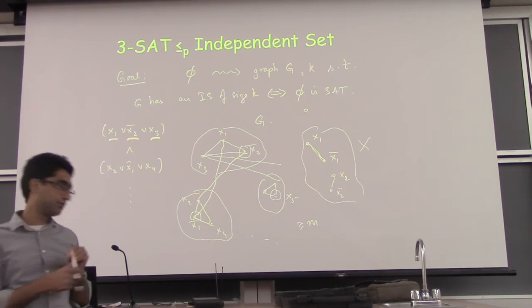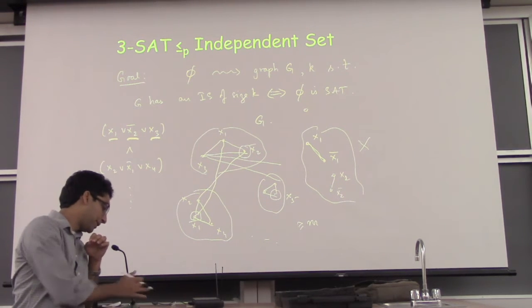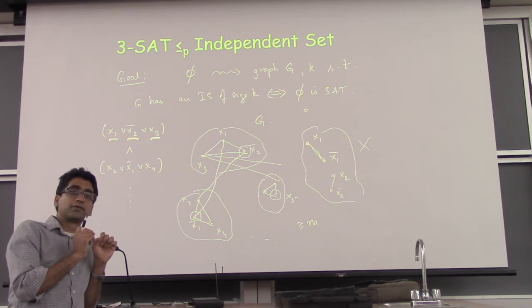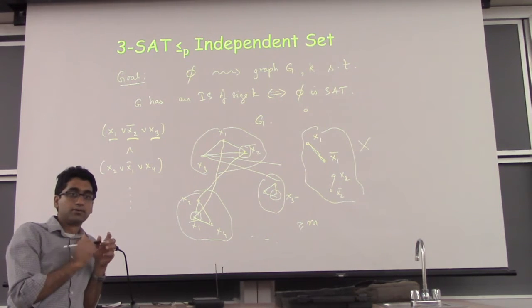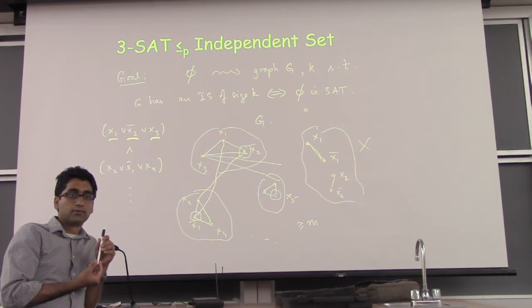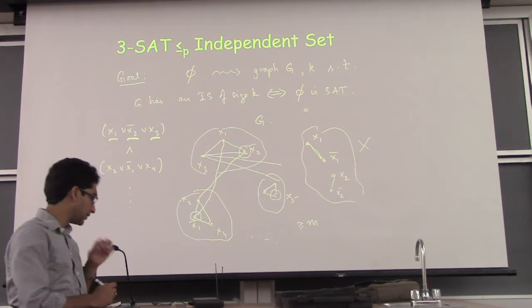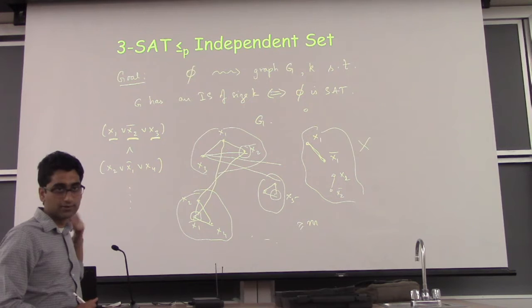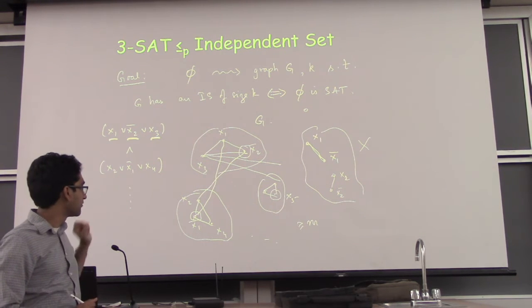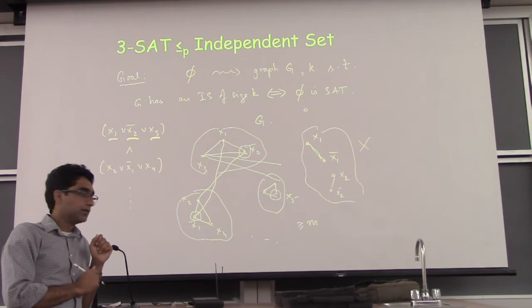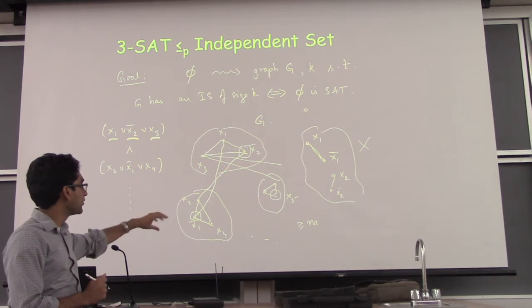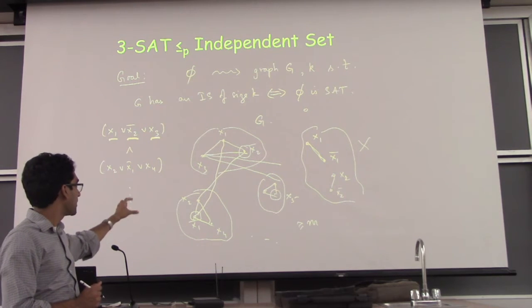And you could not have picked any two that contradict each other. Can you repeat why we need the triangles? Yeah, so suppose you didn't have the triangles, and I asked you to find an independent set of size m. Then you could ignore a few of these clauses and maybe pick two vertices.